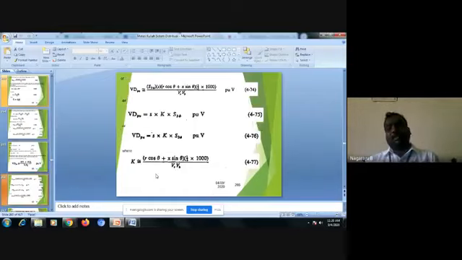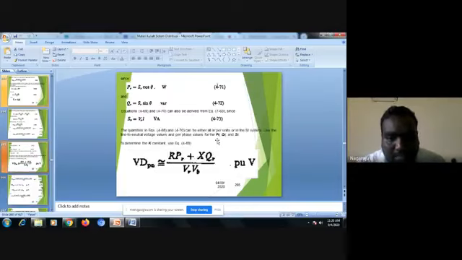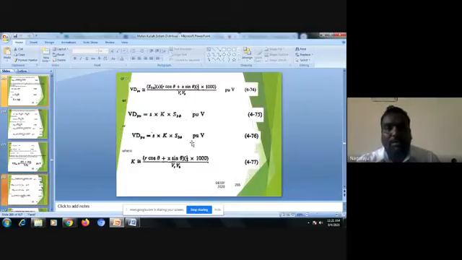So when I go into the depth of this particular thing, I am going to take the common terms. There are Pr and the R, X values, so I am going to extract R and X as common. So voltage drop per unit value is equal to R cos theta plus X sin theta.